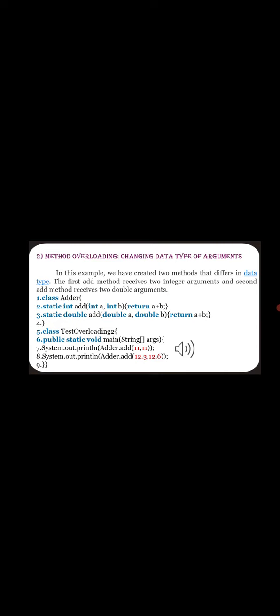Class Adder, static int add(int a, int b). Then static double add(double a, double b). Here we have included double. Close the bracket.